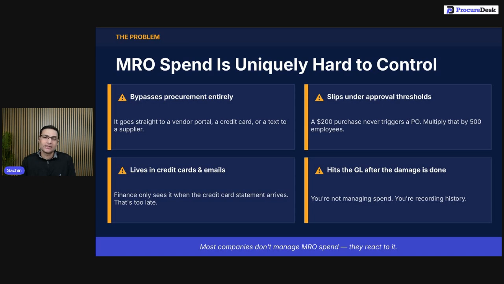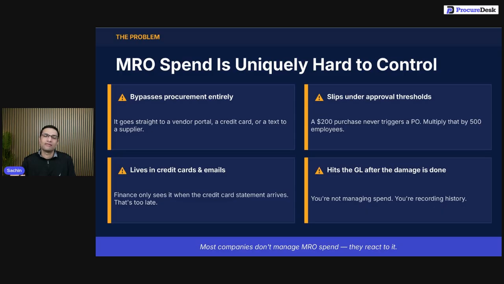Number three is even if you have a process, it generally slips through the approval thresholds. So, what do I mean by that? Typically, companies have thresholds: below this dollar amount, we don't need a purchase request or approval.